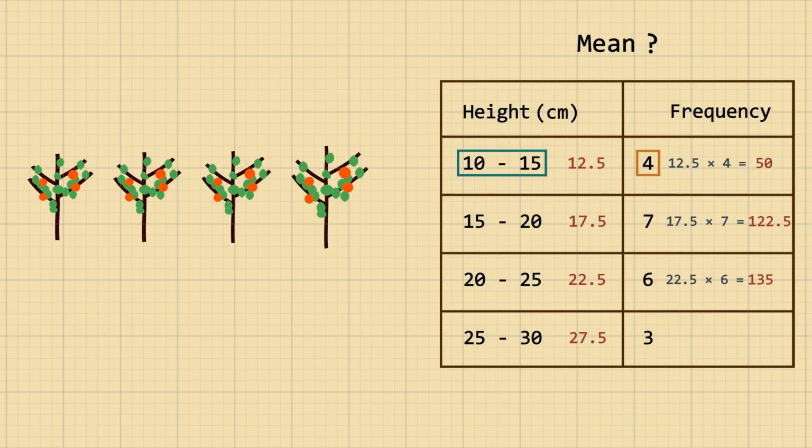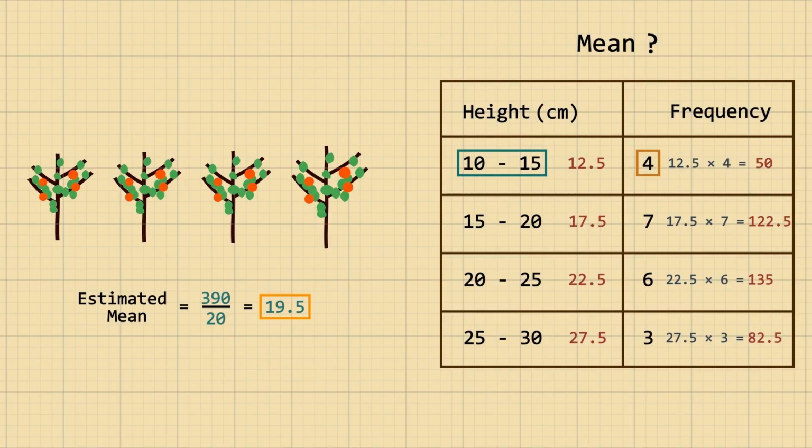And similarly, for the last interval, 27.5 times 3 is 82.5 centimeters. After calculating these, we add the results together to get an estimated total height of all 20 plants, which in this case is 390. Finally, we divide the total by the overall frequency, which is 20. This gives us an estimated mean height.